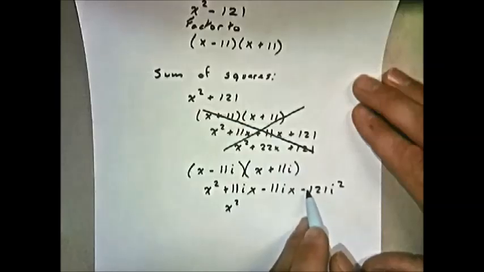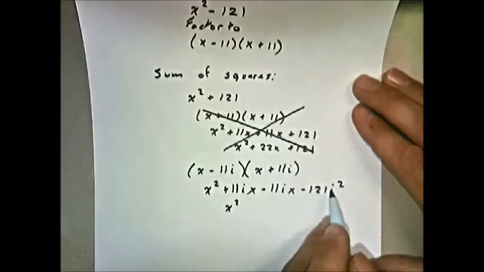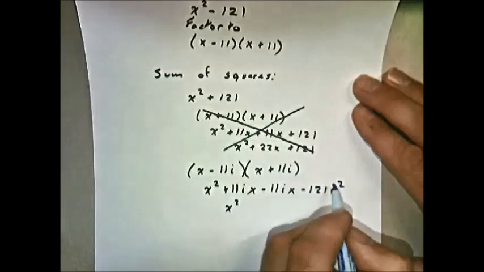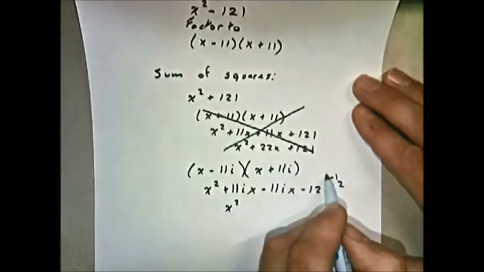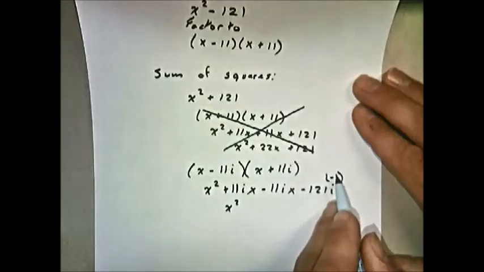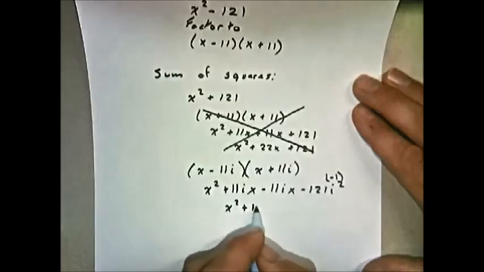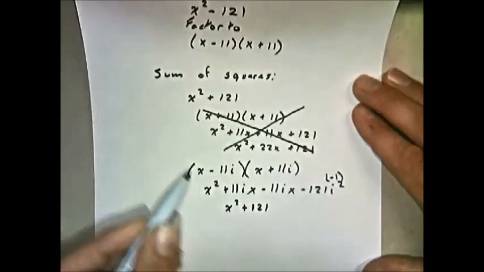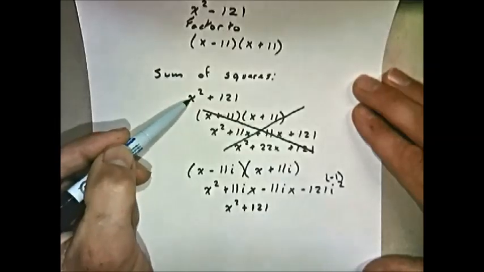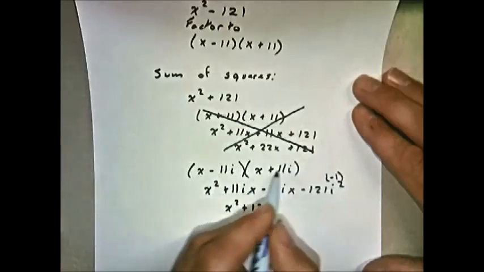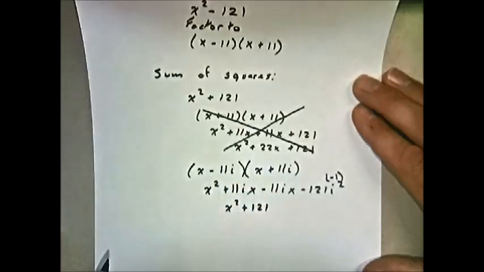Remembering, at this negative 121i squared, the i squared becomes negative 1, so we have negative 121 times negative 1, or plus 121. So we see that we get what we started with, only if we use the complex number system. Let's look at another example, example 2, a little more complex.